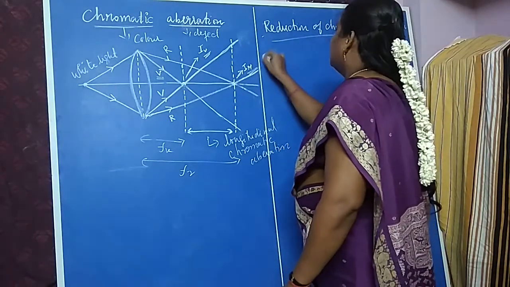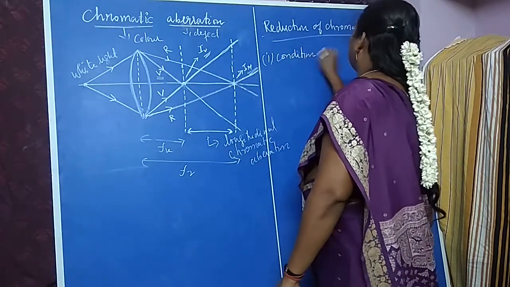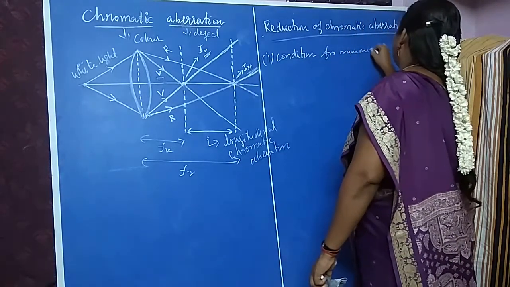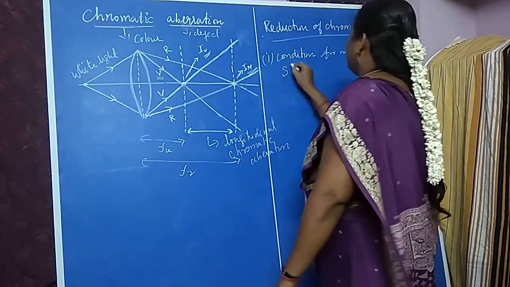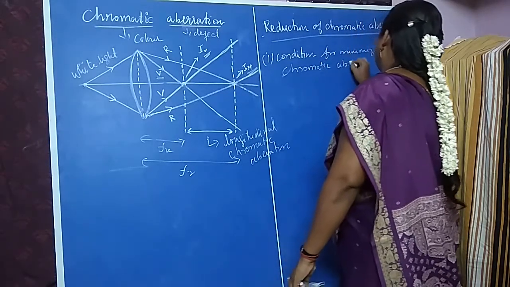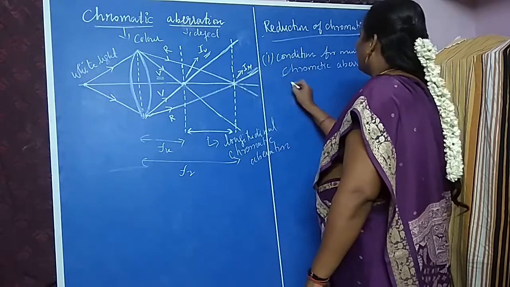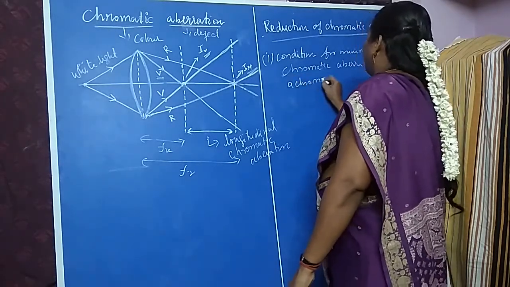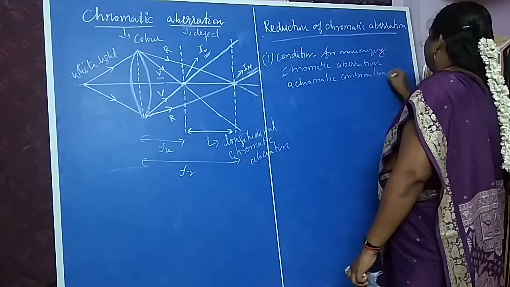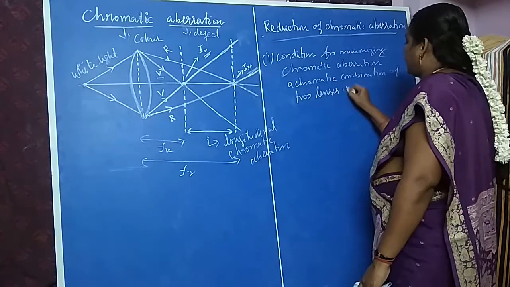First one, condition for minimizing chromatic aberration for two lenses: achromatic combination of two lenses in contact.